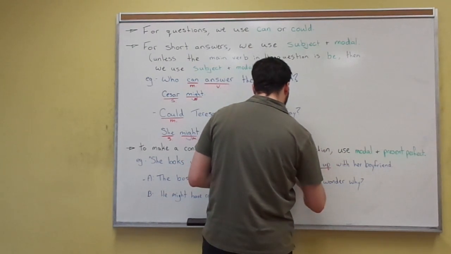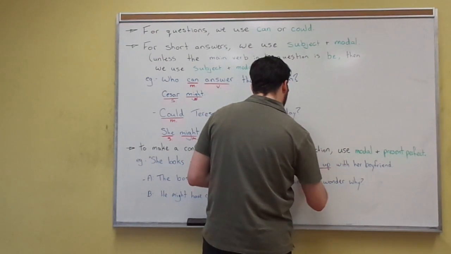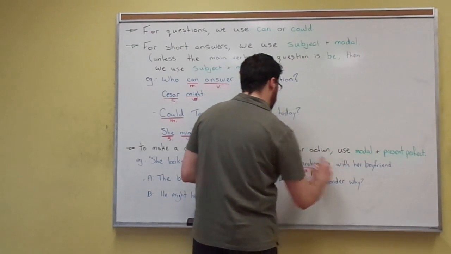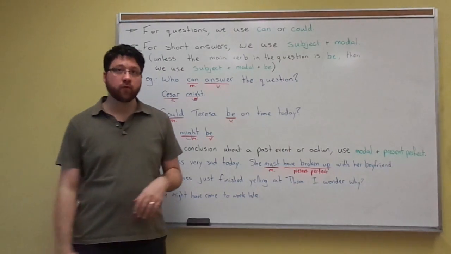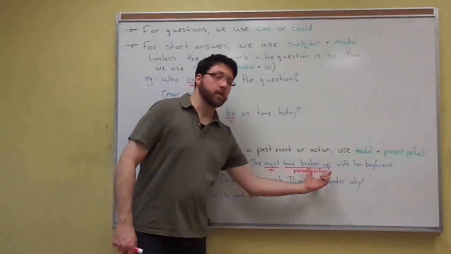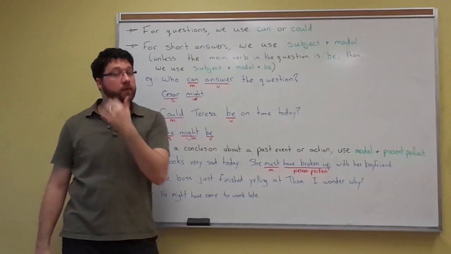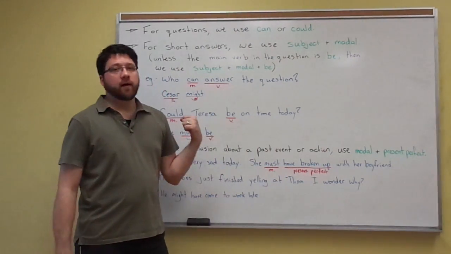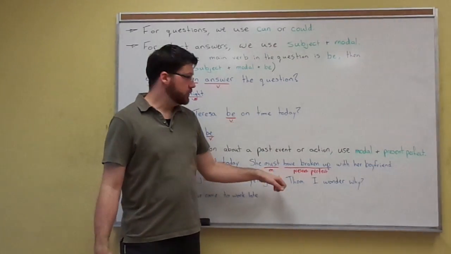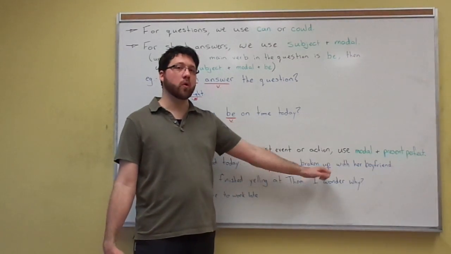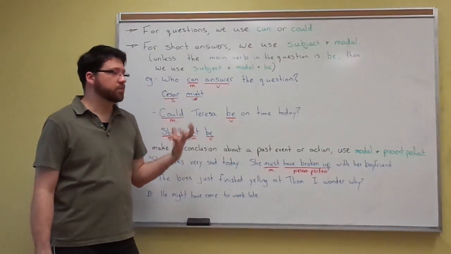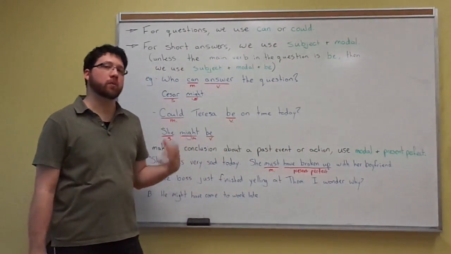Have broken up is our present perfect form. Break up, to break up, is a phrasal verb, so we now have three parts here. So, she must, modal, have broken up. Have, the auxiliary, broken up, that third form of the verb.